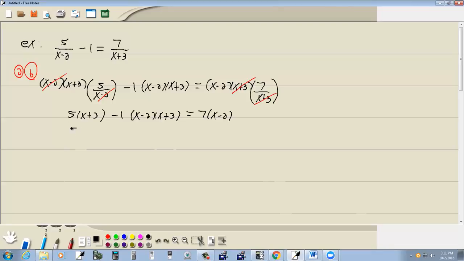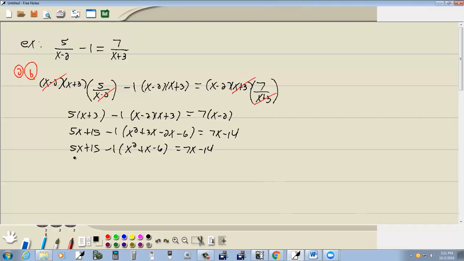Okay, 5 times x is 5x, 5 times 3 is 15, minus 1, and then FOIL this. X times x is x squared, x times 3 is 3x, negative 2 times x is negative 2x, negative 2 times 3 is negative 6, equals 7x minus 14. So we've got 5x plus 15 minus 1 times x squared plus 3x minus 2x, which is 1x or x, minus 6, equals 7x minus 14.